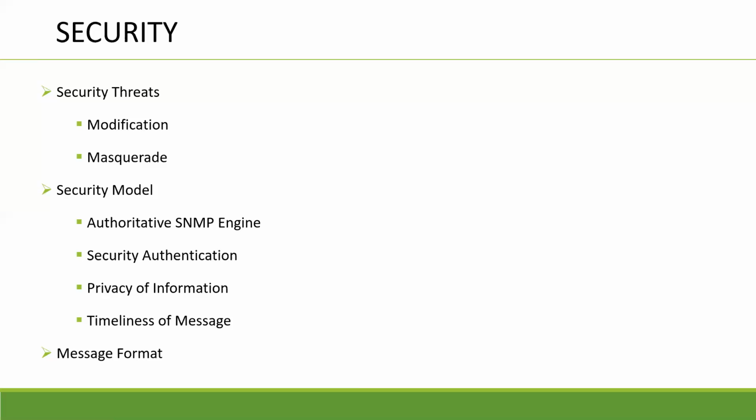First one, security threats. Four types of threats exist to network management information while it is being transported from one management entity to another. What are they? First type, modification of information. Second one, masquerade. Third one, message stream modification. And fourth one, disclosure.